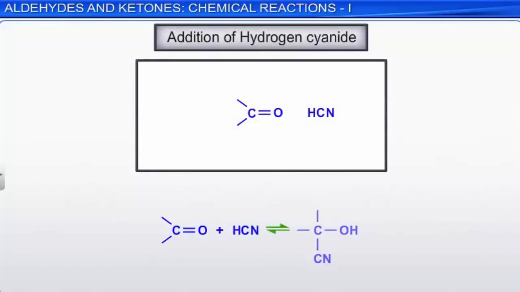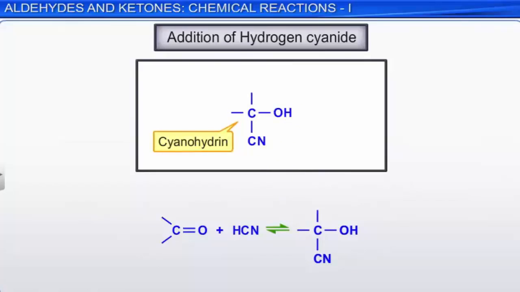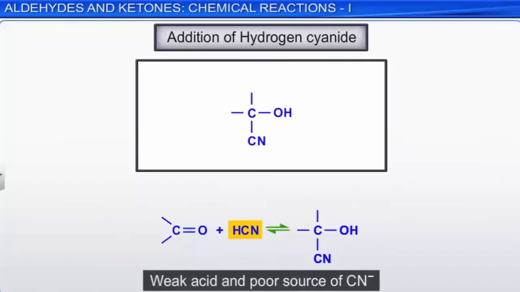When hydrogen cyanide is added to the carbonyl group of aldehydes and ketones, it yields compounds known as cyanohydrins. As HCN is a very weak acid, it is a poor source of cyanide ions. Hence, addition takes place very slowly.